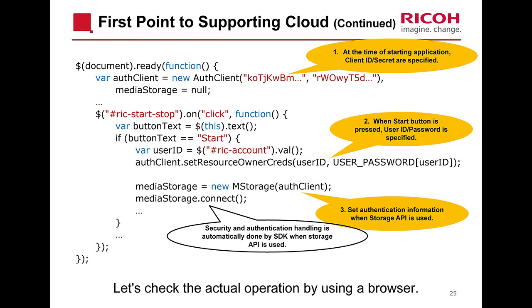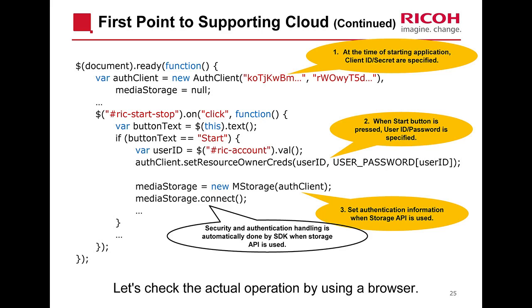This screen shows the actual source code. The handler named Ready, which I described before, is called first at the application startup. It's necessary to tell the handler whether this application is authorized by the cloud service or not. The information for this is created by using this authClient class.